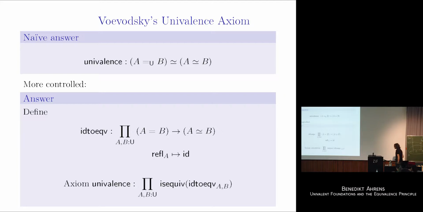Excuse me? Could you maybe say another time what exactly was an identity and what an equivalence? So this identity is the identity type that Thorsten has introduced.